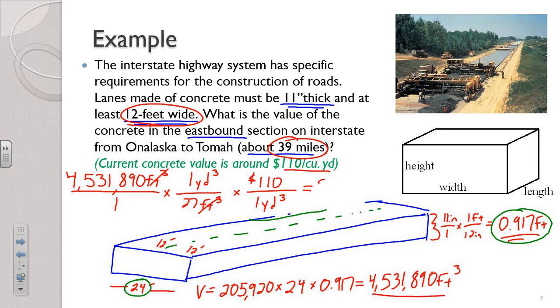And what you get is about $18,463,000. So just in the eastbound lane, there's between $18 and $19 million worth of concrete. It's no wonder that it costs so much to do road repair.